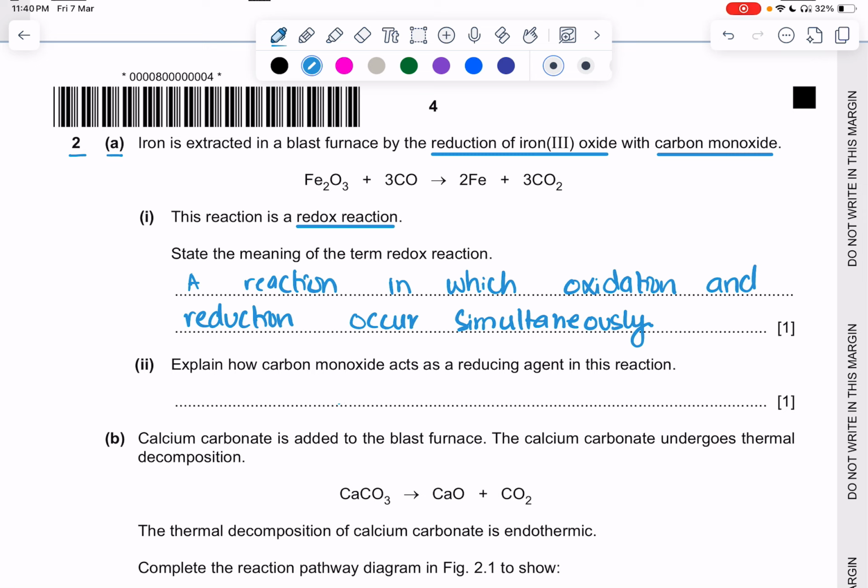Part 2. Explain how carbon monoxide acts as a reducing agent. Reducing agent means the species undergoes oxidation. Oxidation means gain of oxygen.